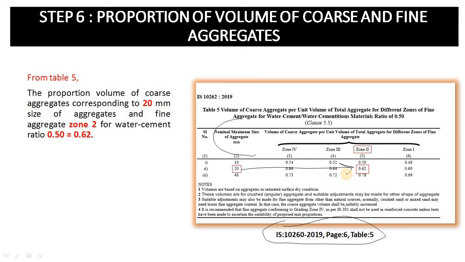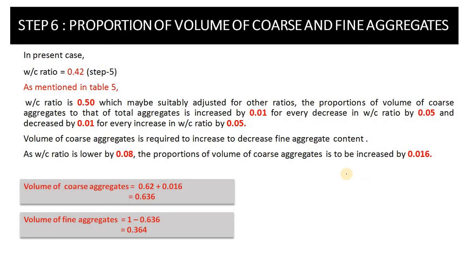So we'll have 0.62, but in present we can say we have the water cement ratio as 0.42 from step number 1. As mentioned in table number 5, the water cement ratio is 0.50, which may be suitably adjusted for other ratios.